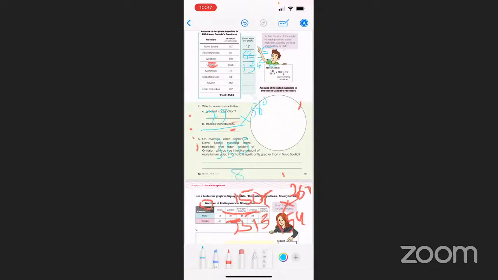It's 8.0. So that's 8. And then 54 over 3513, the second one, Saskatchewan. So let me just do that calculation. 5.5 is my final answer for it. Okay, 5.5. And then Alberta, 362 over 3513.